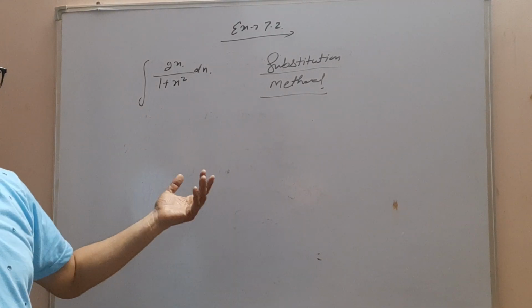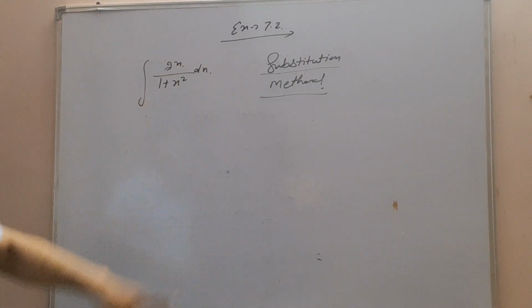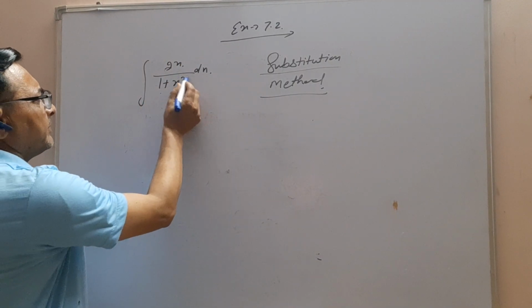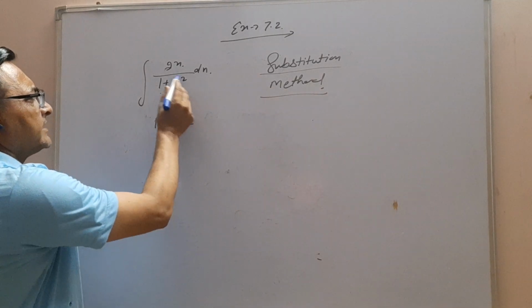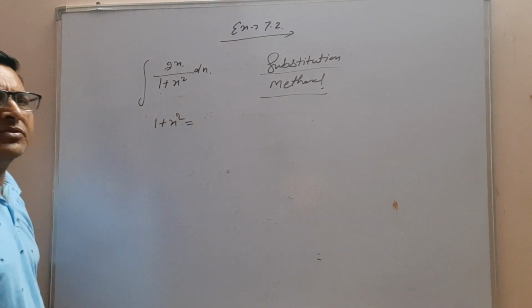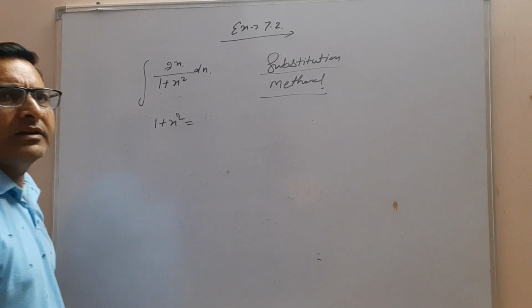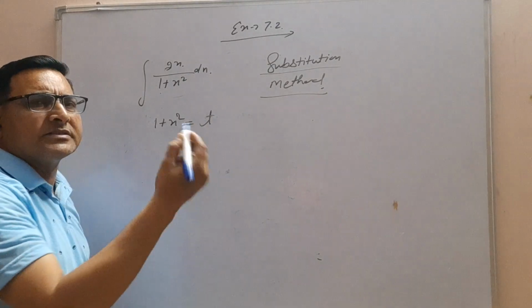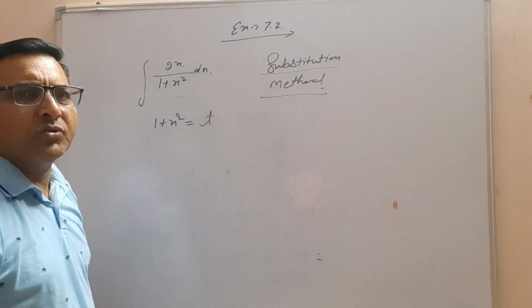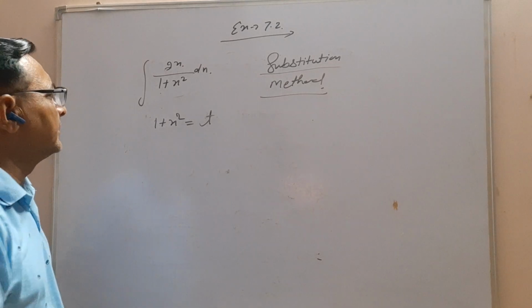So you have to check whose derivative is in the numerator. So here we know 1 plus x square, its derivative, one's derivative is 0 and x square derivative is 2x. So we will put here 1 plus x square is some another variable, that is t. You can take any variable z, y, anyone.